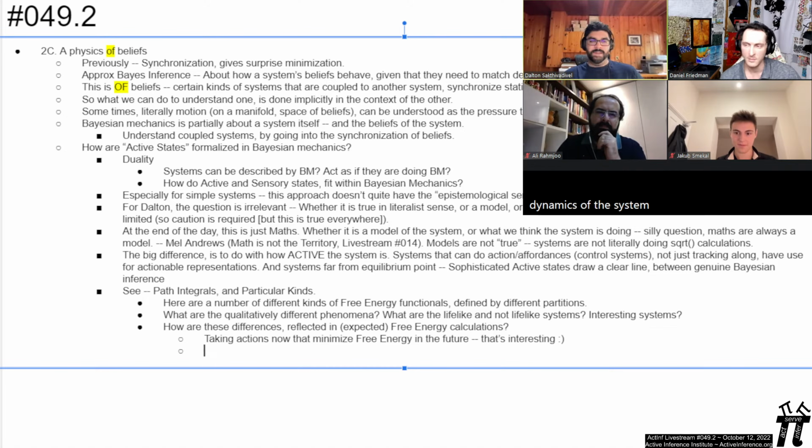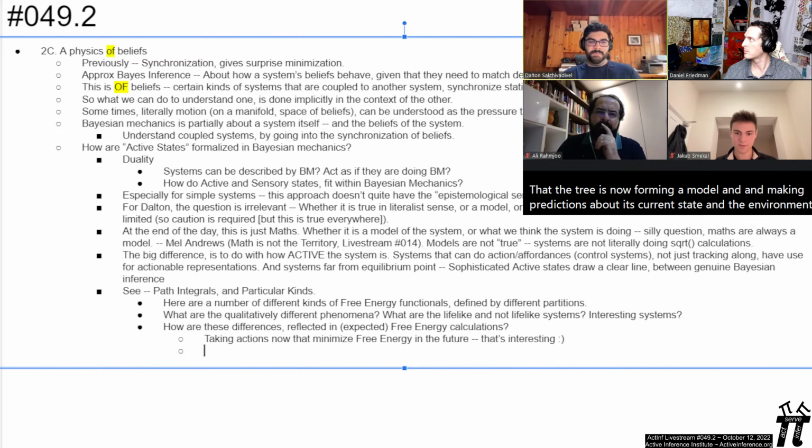It's not true in the literal cognitive sense that the tree is now forming a model and making predictions about its current state and the state of the environment. And there may be panpsychist types that would disagree with that. But that's the view I take anyway. So this is a very interesting question. I hope that answered at least part of it.